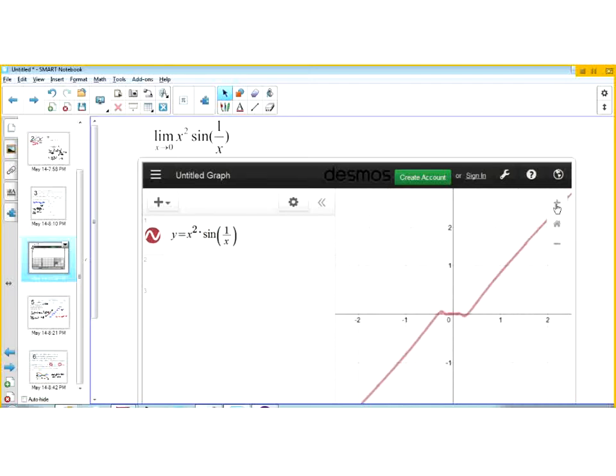So let's zoom in. It looks like it flattens out. It looks like it's going to be 0, but how do we know it's 0? It's hard to determine graphically that it's 0.